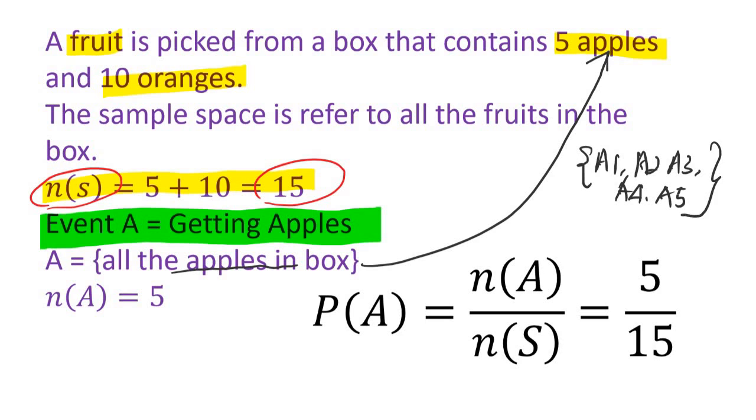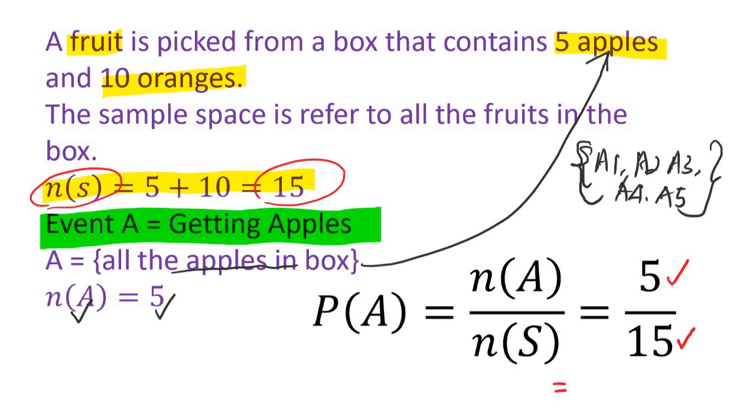So the number of events is equal to 5. So we can write it as a fraction, 5 number of events over 15 number of sample space.